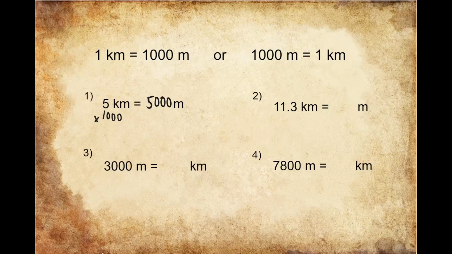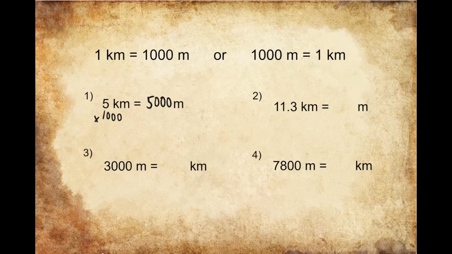So now looking at question number 2 here, we're being asked to convert 11 and 3/10 of a kilometer into meters. So we're going to go ahead and do the same process here of multiplying the value of the kilometers by 1,000, but it's going to be a bit more challenging here because we do have a number in the tenths place. We do go into decimals here.